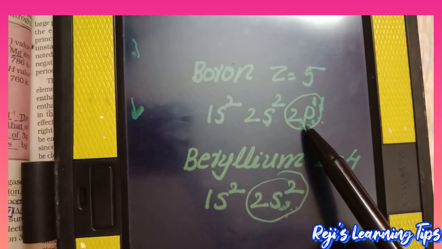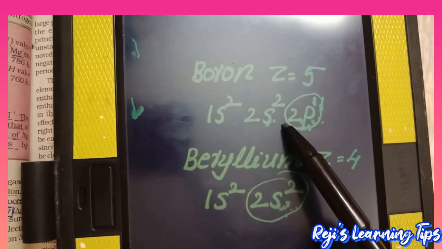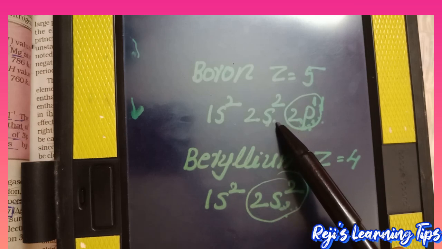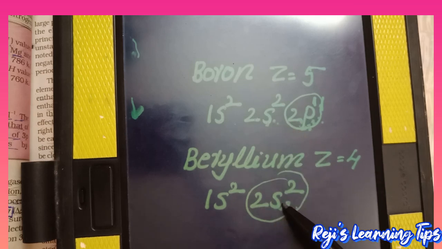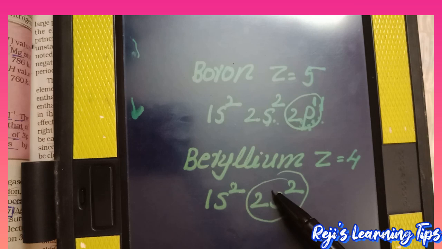In addition, the 2p electrons of boron are more shielded from the nucleus by the 2s electrons. Therefore, it is easy to remove the 2p electron from boron than the 2s electron from beryllium. So, the ionization enthalpy is less in boron than in beryllium. Okay, very important, study clearly.